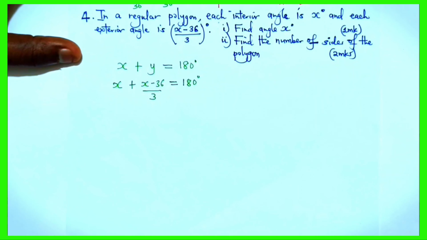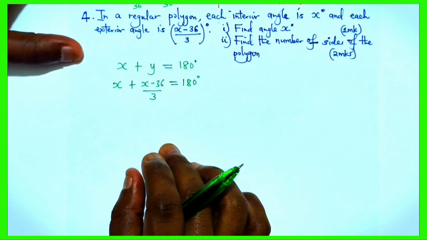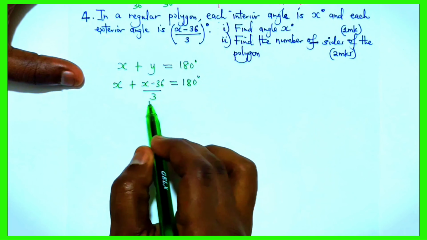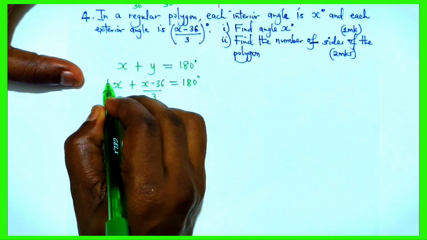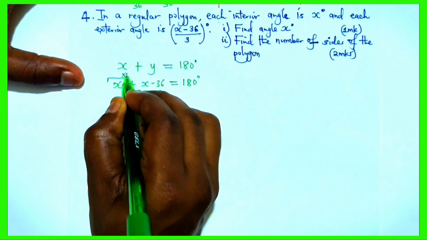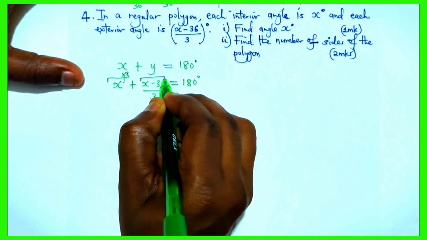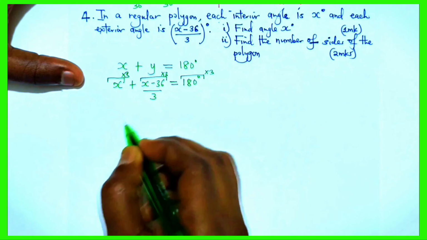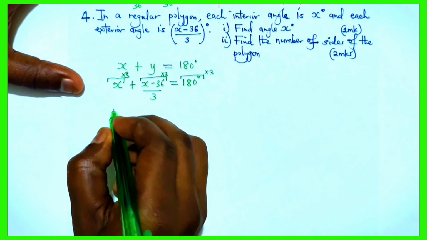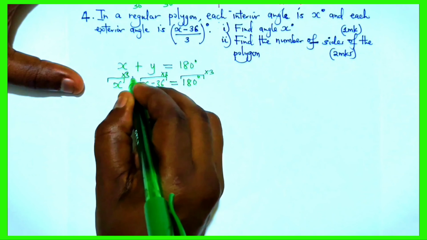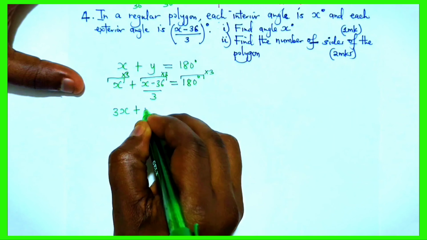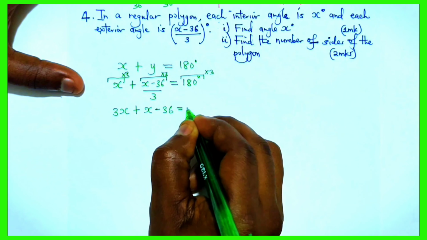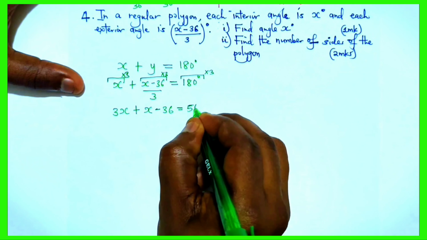Now, let's solve for the equation here. We can decide to get rid of the denominator here by multiplying each term by 3. So you multiply this one by 3, you multiply this term here by 3, and the third term here also by 3. So here we end up having 3x plus x minus 36 to be equal to 540.